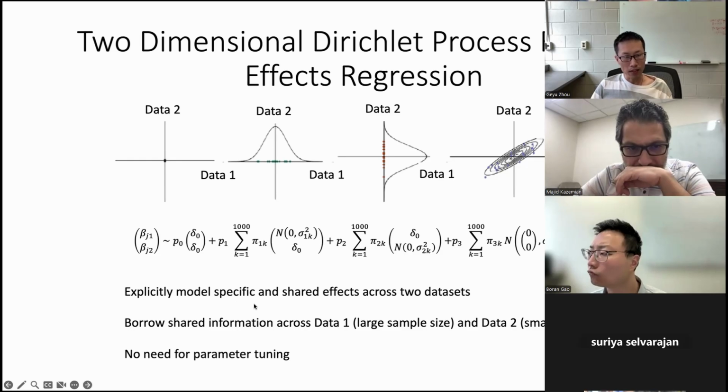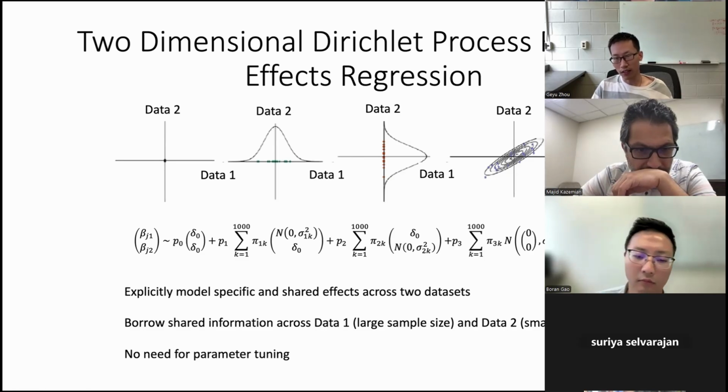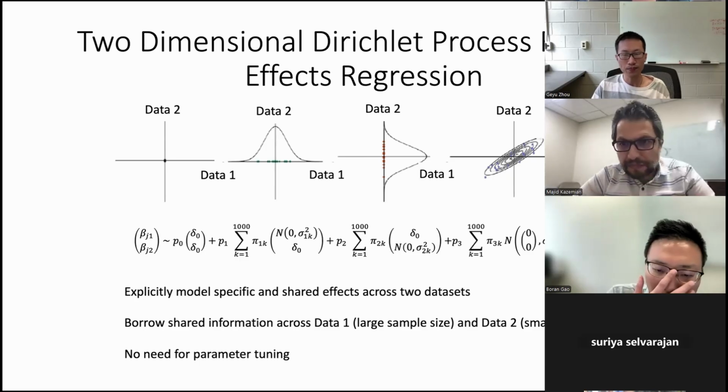So we explicitly model both the dataset-specific and dataset-shared effects. And importantly, we really borrow the shared information across two datasets. If dataset 1 has a much larger sample size compared with dataset 2, and we can capture this correlation, then we are effectively translating such information from dataset 1 to dataset 2.